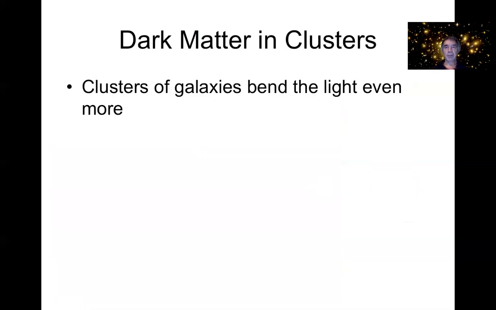And because a cluster of galaxies is going to have 1,000 times more mass than an individual galaxy, if it's a real rich cluster like we talked about earlier, then as you can see from the Einstein ring formula, it's going to bend the light even more. Okay, so you get a larger Einstein ring radius.